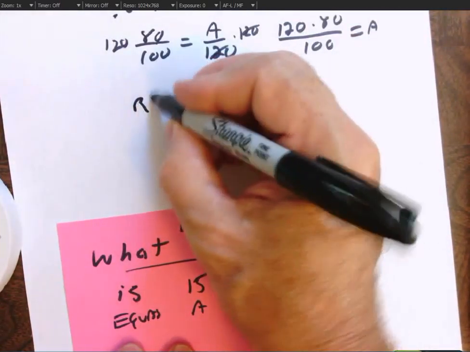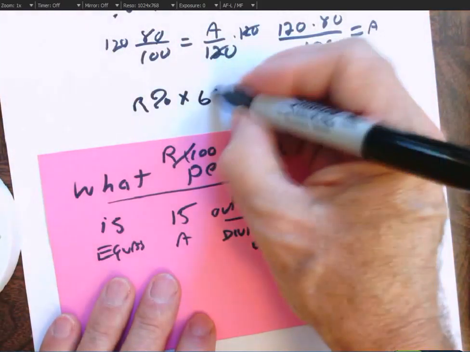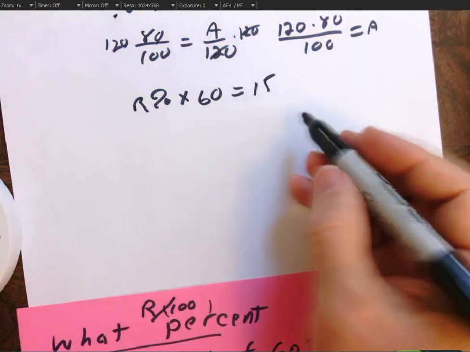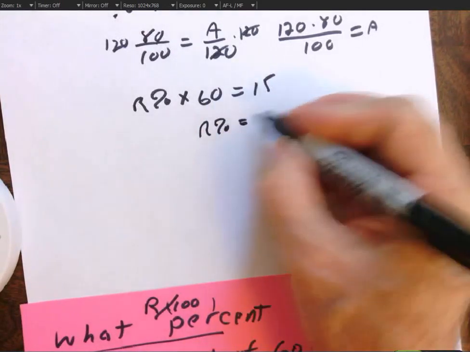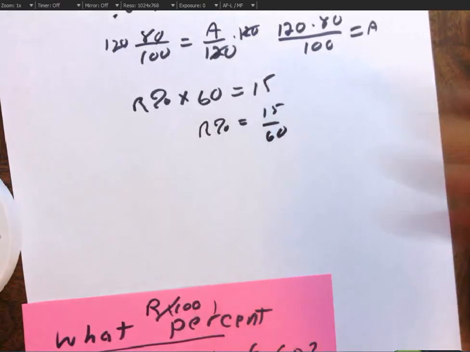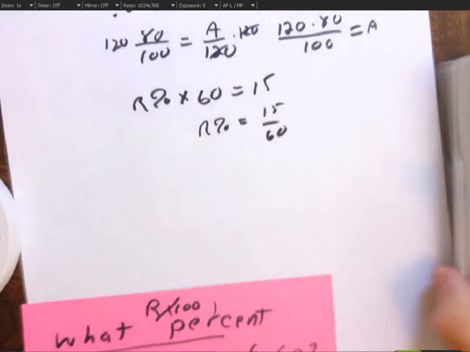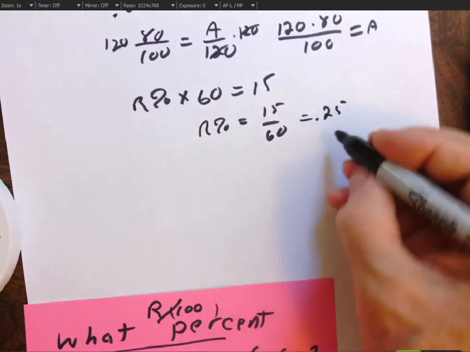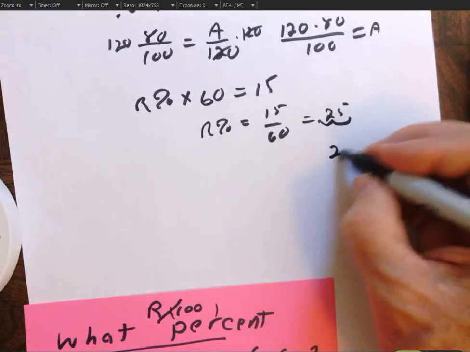So R percent times the base, it's out of 60, so 60 equals 15. To solve this, I need to get rid of the 60. R percent equals 15 divided by 60. 15 divided by 60 is 0.25. And then convert it to a percent. I need to move the decimal two places, and I get 25%.